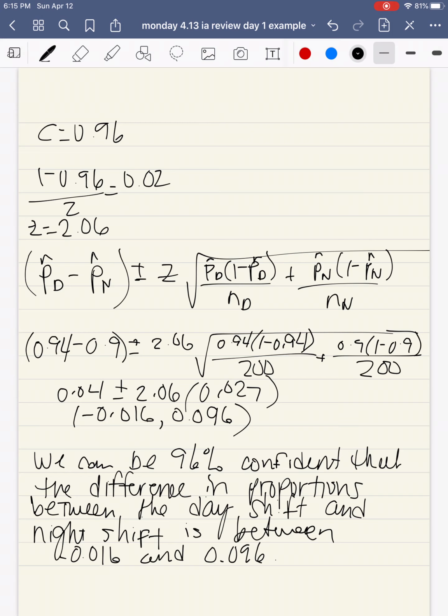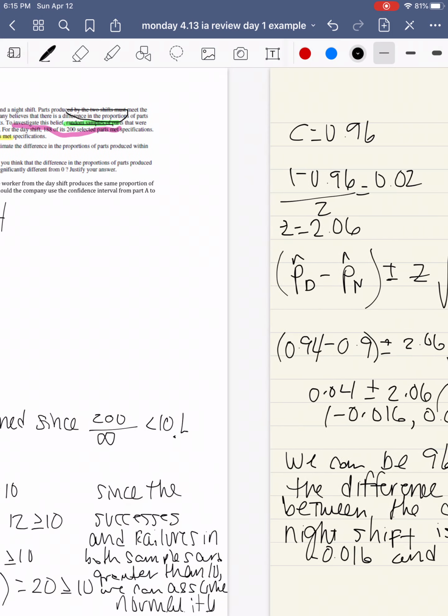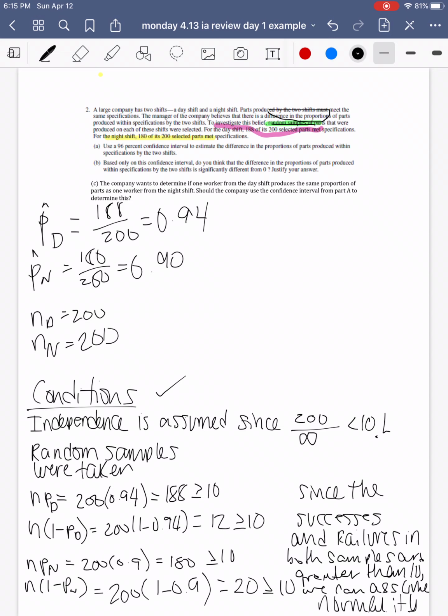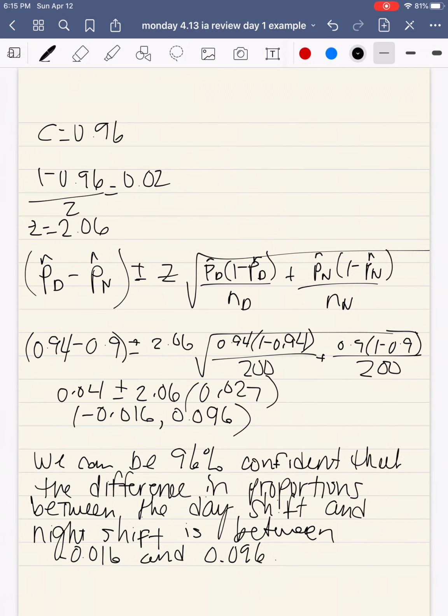So part B is saying, is it plausible for a 0 difference, or significantly different from 0? So looking at this here, 0 lies within this interval. So we can't say for sure that it's going to be different from 0 because 0 is within this interval.